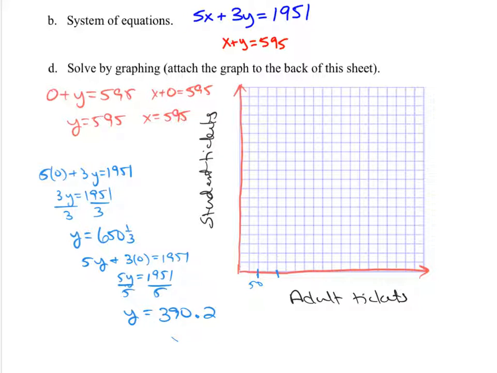So we're going to actually change that to 100. So every other one is going to be up by 100. We're going to do the same thing for the student tickets, going to skip every other one, going up by hundreds there as well.